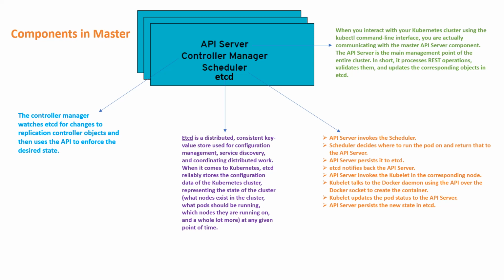And etcd notifies this information back to the API server. With this information, the API server invokes the kubelet in the corresponding node. As I told before in my previous slide, each and every worker node has a kubelet process running on top of it. The kubelet service on each node talks to the docker daemon using the API over the docker socket to create a container.